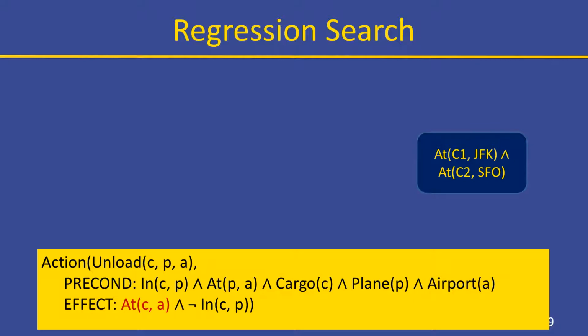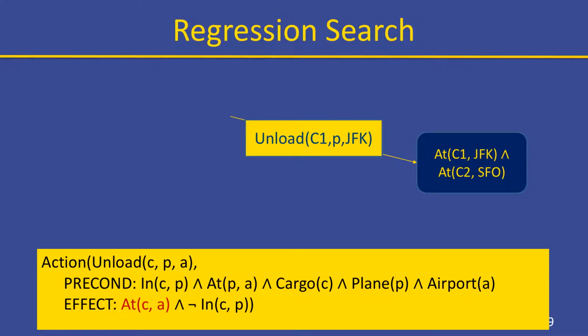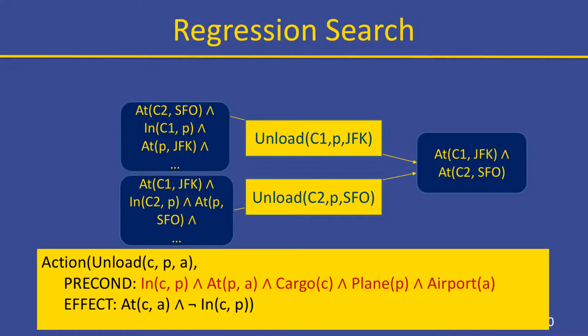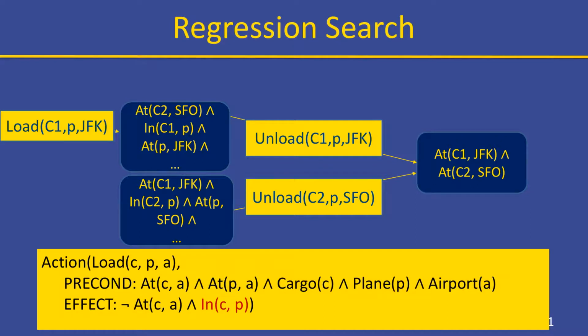So the unload action, unload C1 P JFK, is now a relevant action. We can also say that at C A unifies with at C2 SFO, and we get the relevant action unload C2 P SFO. And we build our tree backwards here, right? So we keep constructing predecessor states and going back.